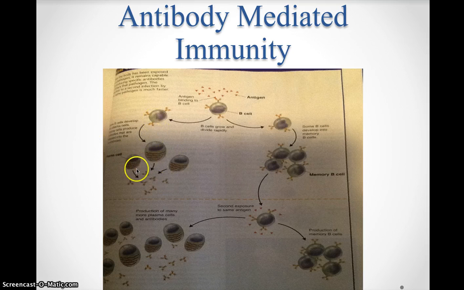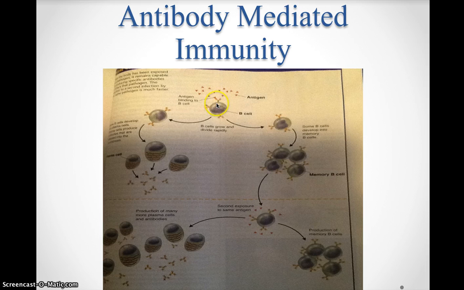Now, the plasma cells are the important ones for getting rid of this infection right now. Plasma cells, what they do is they actually, as you can see down here, they secrete antibodies. So this B lymphocyte, you can notice that it had these antibodies attached to it to try and recognize these pathogens.